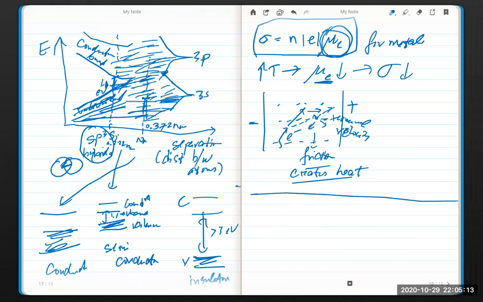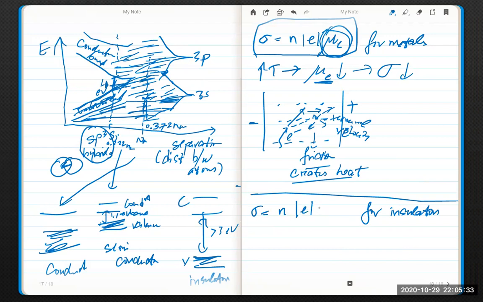Now for the case of insulators, then the conductivity depends on whether it's a p semiconductor or an n semiconductor, but let's call it the n semiconductor at the moment.